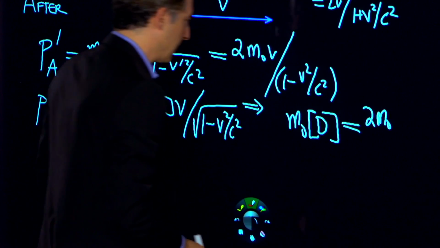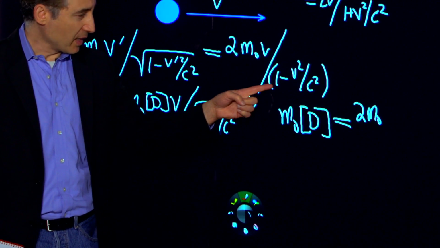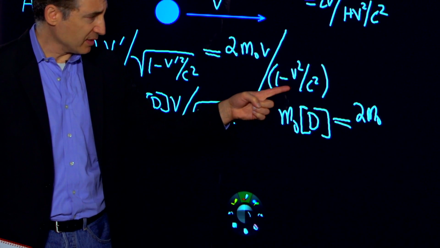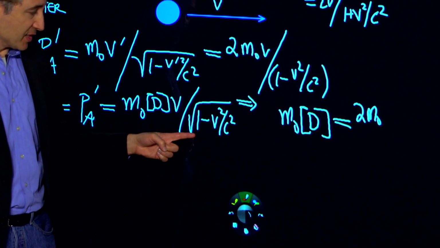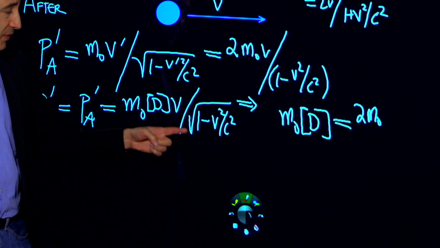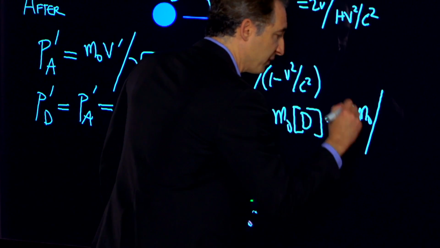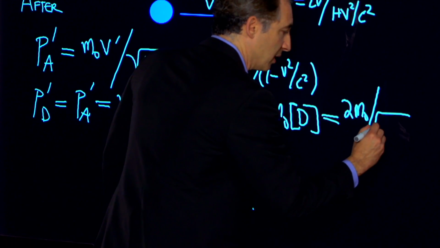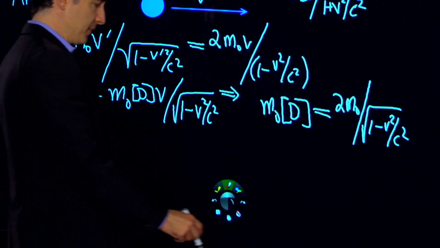Now that's not quite the end of the story, because if you look over here, I've got a 1 minus v squared over c squared in the denominator for the momentum of particle A. But for D, I've got a square root of 1 minus v squared over c squared, which means for these guys to be equal to each other, I need to throw in one more factor of the square root of 1 minus v squared over c squared.